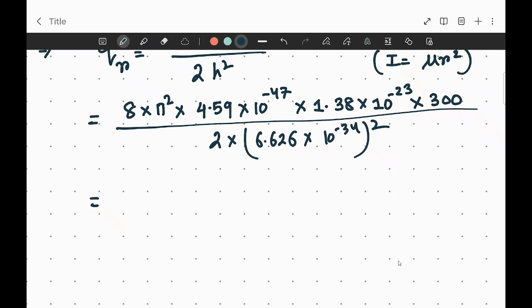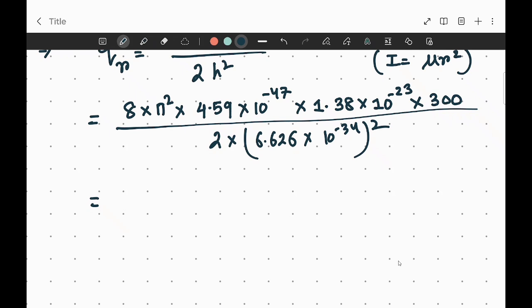Why? 17.24 is not coming. 8 pi square into 4.59 into 1.38 into 300 divided by 2 divided by 6.626 square.